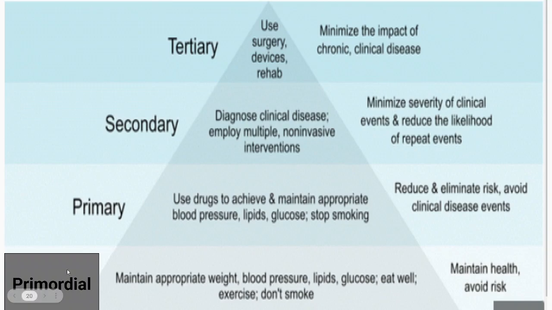In primordial prevention, what happens? We need to maintain health by reducing the risk. What are the risky things? If the blood pressure increases, there will be heart issues and renal issues. So first of all, we need to control and maintain, and avoid the things which elevate the BP. In primordial prevention, we maintain appropriate weight, BP, blood glucose, and lipid levels, meaning fat levels.